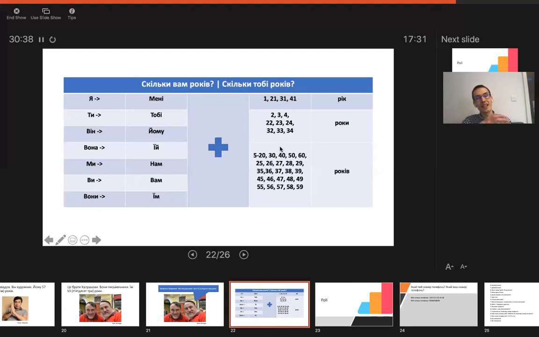And then it doesn't matter what is on this side of the table. This side of the table will depend solely on the number. So 1, 21, 31, 41 рік, 2, 3, 4, 22, 23, 24 роки, 5, 20 років, тоді 30, 40, 50, 60 років, 25, 26, 27, 28, 29 років.